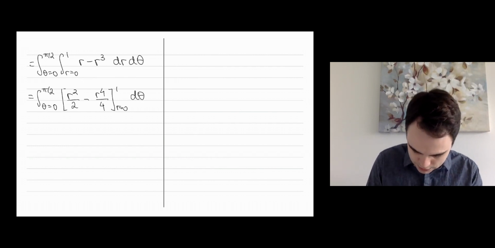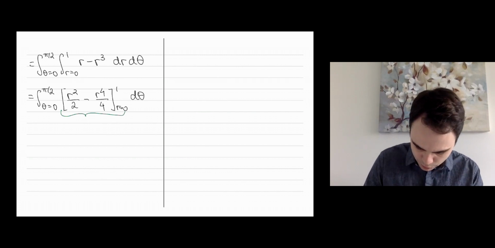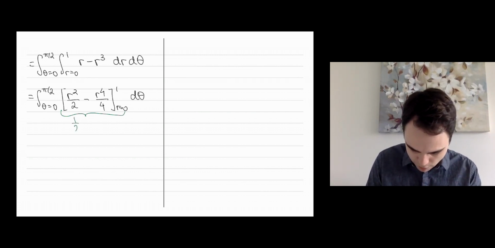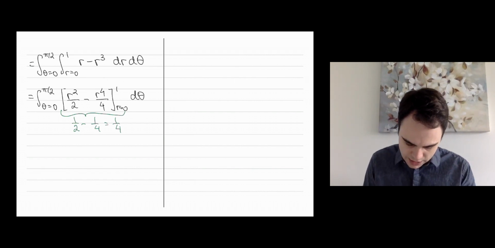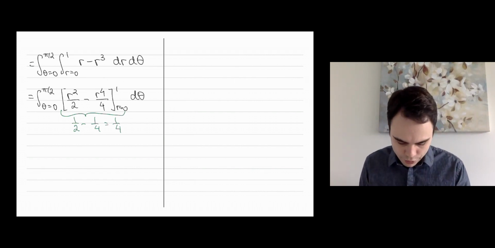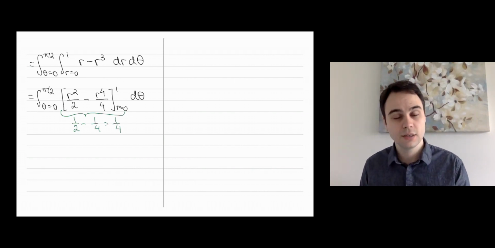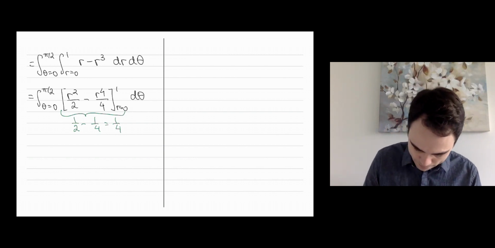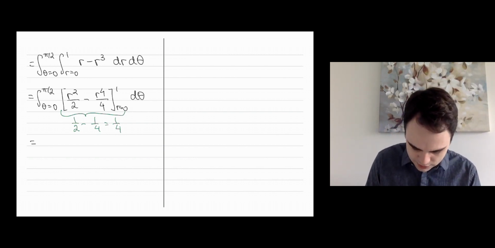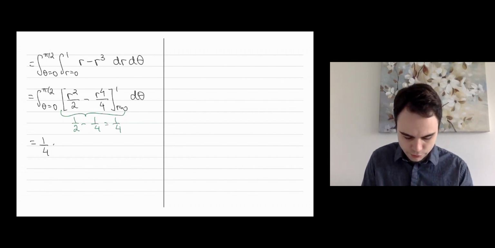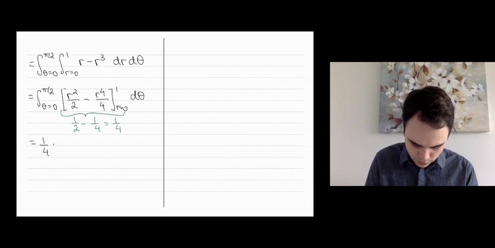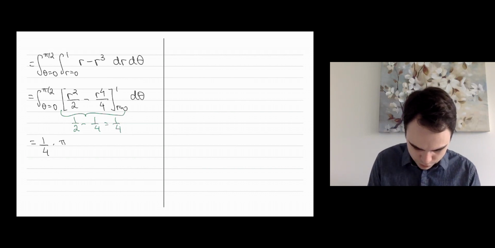Now, if I evaluate the inside integral, I'm going to get a half minus a quarter. That's just a quarter. And then I'll be integrating a quarter from 0 to pi over 2 d theta. If I integrate a constant, I get that same constant times the length of the interval. For the interval, that's pi over 2.